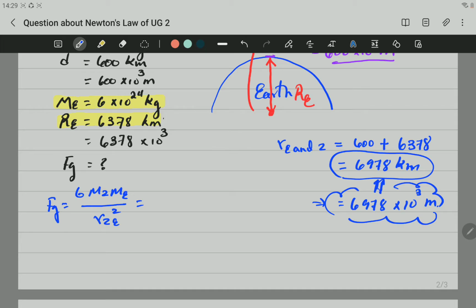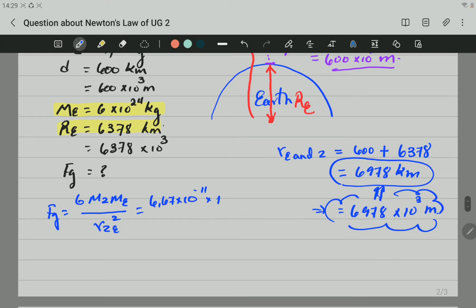Okay, so here if we substitute now, we have that G is equal to 6,67 times 10 to the minus 11 times the mass of the cube, 1,2, times the mass of the Earth, 6 times 10 to the 24 kilograms, everything divided by the distance, which we did calculate there, so it's 6,978 times 10 to the 3 and everything to the power 2.